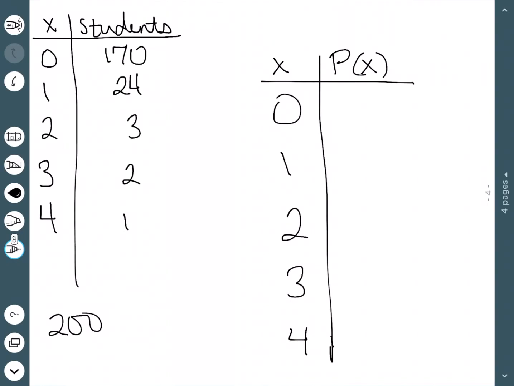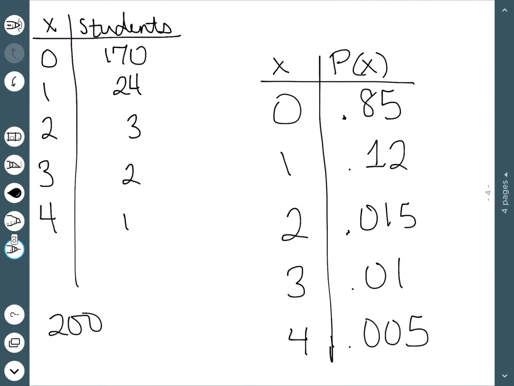So my first one, 170 divided by the total of 200, 0.85. 24 divided by 200 is 0.12. 3 divided by 200 would be 0.015. 2 divided by 200 is 0.01. And then 1 divided by 200, 0.005. So these can be written in fractions. They can also be written in decimals.